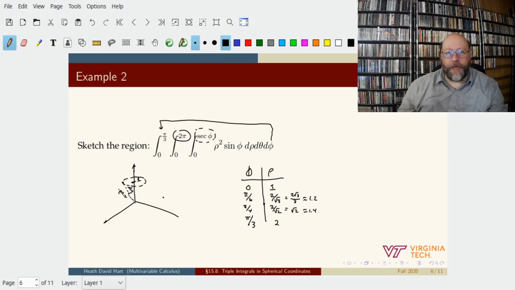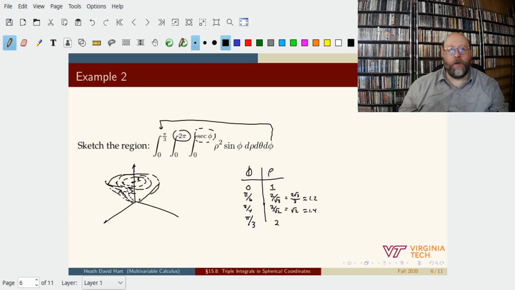Then when phi is equal to pi over 4, our angle is a little 45 degrees now, but we go out a distance of square root of 2, and we end up at the same z height that we did before. And then finally, when phi is pi over 3, our angle is now 60 degrees. And again, we end up at the same z height as we did before.